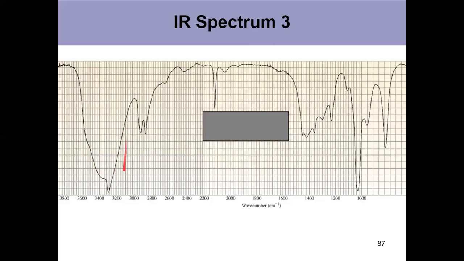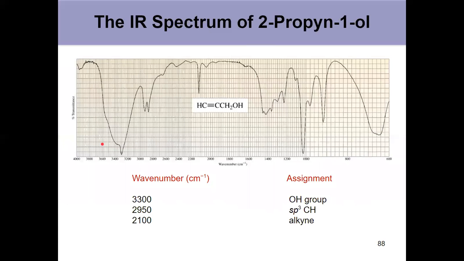There's no peak around 3100 for sp2 carbons, so I know I've got sp3 and sp plus an alcohol. What is the actual structure? Propanol right here: sp carbons on the left, sp3, and the alcohol.